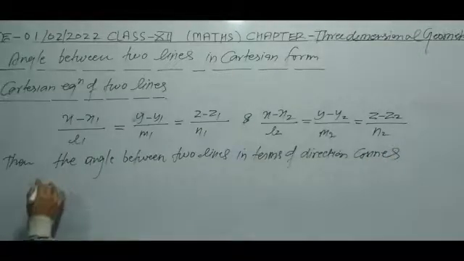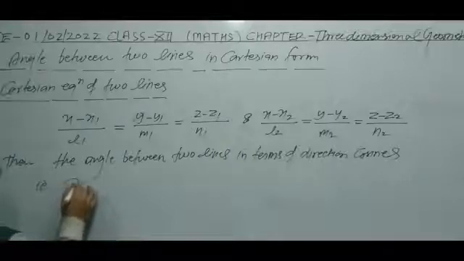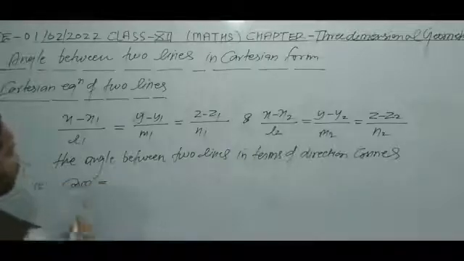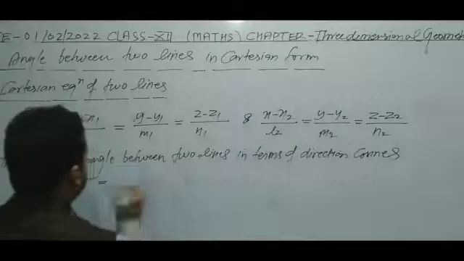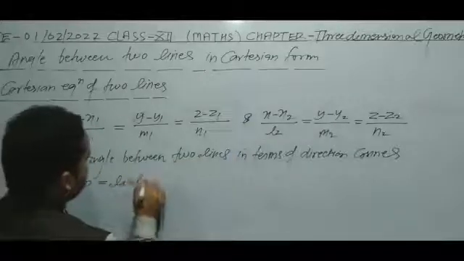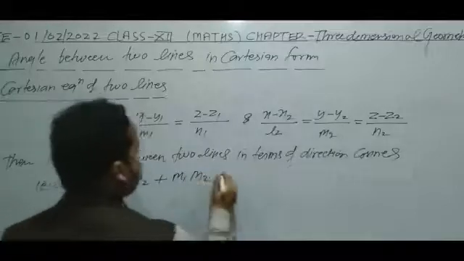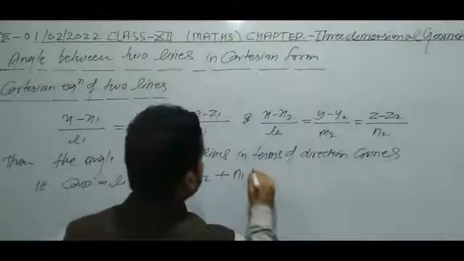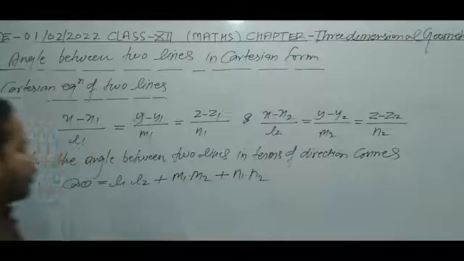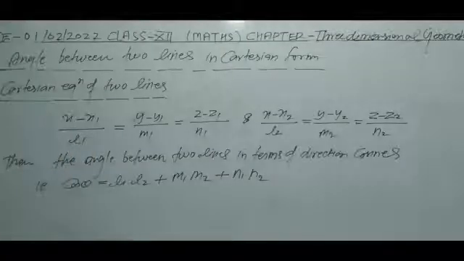That is cos theta is equal to l1 l2 plus m1 m2 plus n1 n2. This is the formula to calculate the angle between two lines in terms of direction cosines.